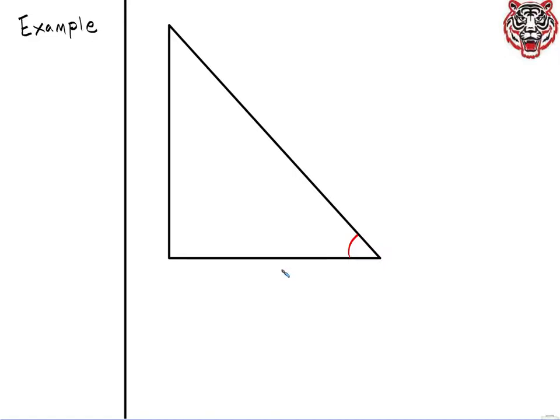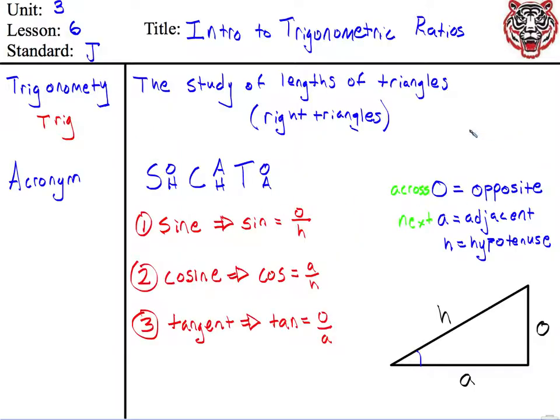It doesn't matter how big it is. I'm gonna say that this is 3, 4, 5. It does need to be a right triangle. Remember, only right triangles work for all of trigonometry. I should have put a right triangle there. So SOHCAHTOA only works for right triangles. We should probably add that to our notes: only right triangles.